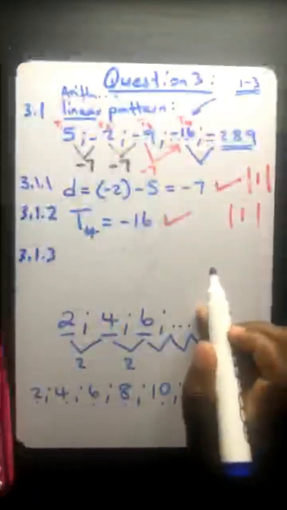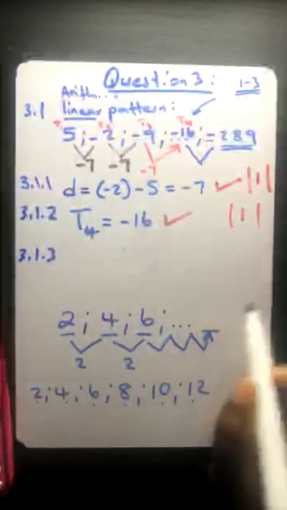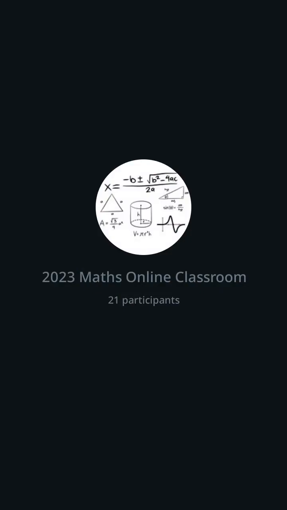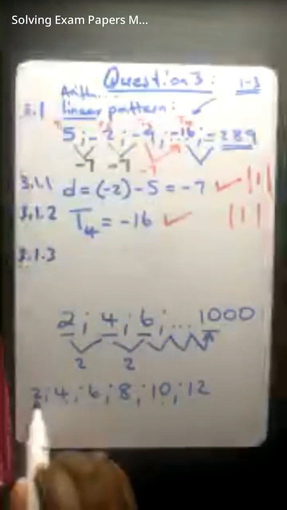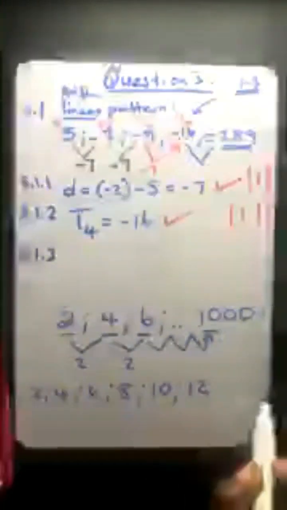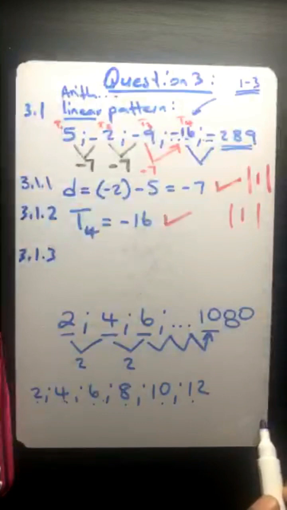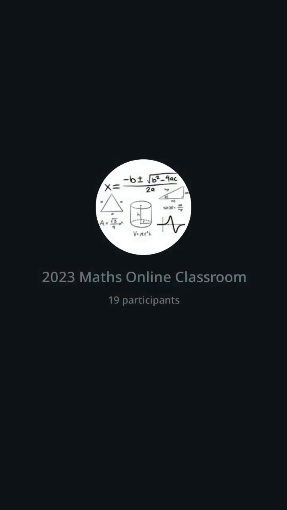Imagine if it wasn't 12 there, but let's say 1000. You can't write 2, 4, 6, 8, 10, 12, whatever, until you get to 1080 or whatever. That's where the formula comes in.